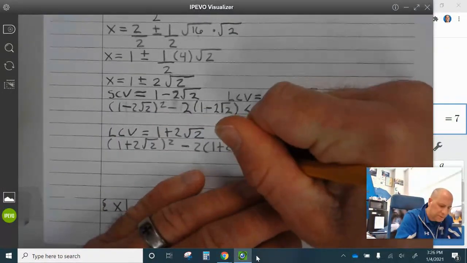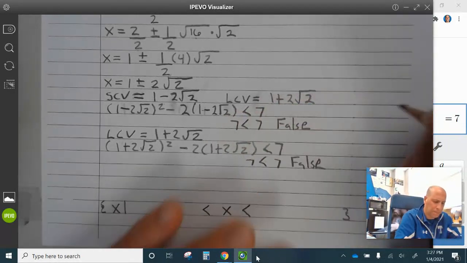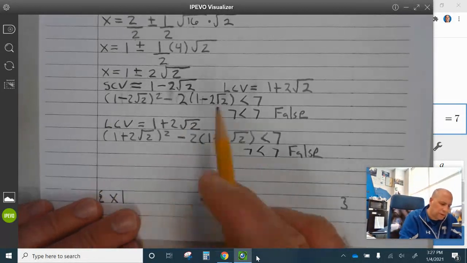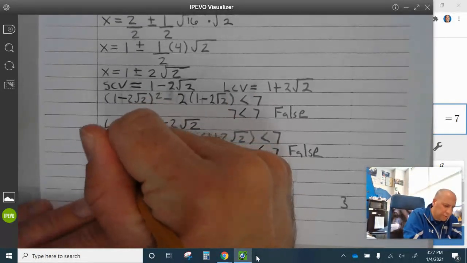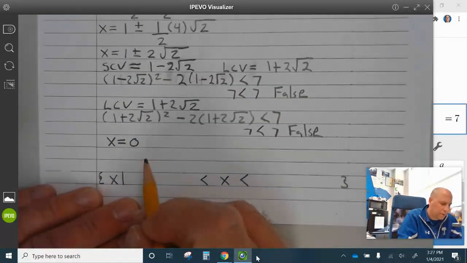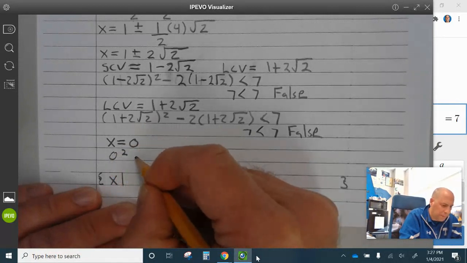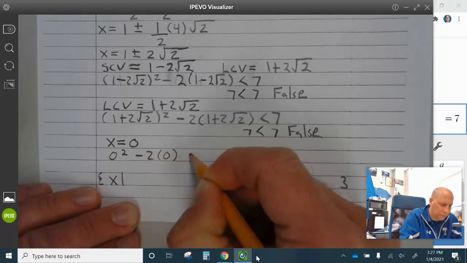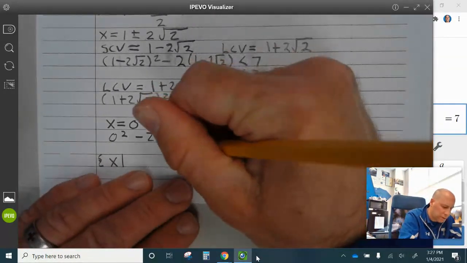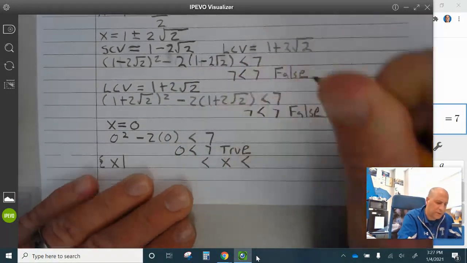Well, 7 is not less than 7, so that's false. Okay, so now we can pick 0 again, so x equals 0. All right, so now that's 0 squared minus 2 times 0 less than 7. Well, that's 0 less than 7, which is a true statement.